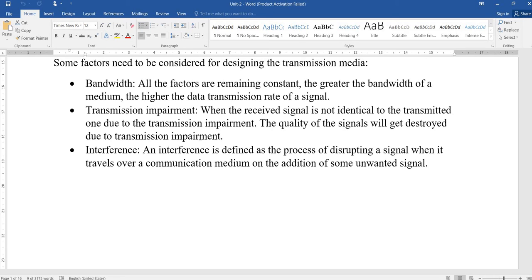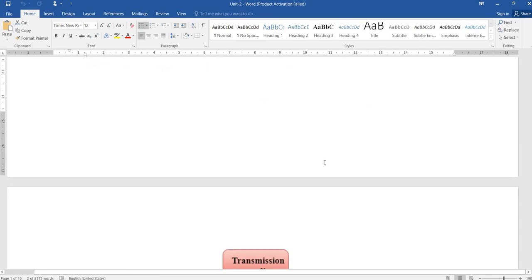There are three types of impairment: attenuation, distortion, and noise, plus interference. Interference is defined as the process of disrupting a signal when it travels over a communication medium through the addition of unwanted signals. Interference also comes under transmission impairment.